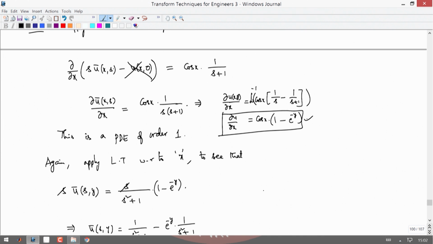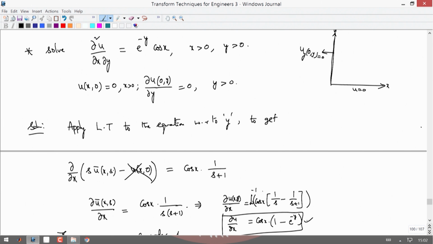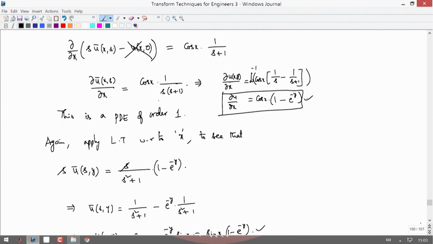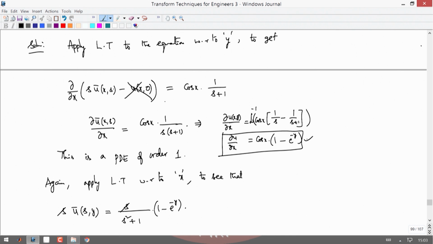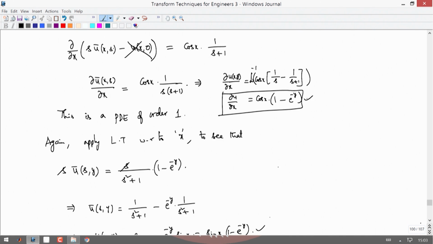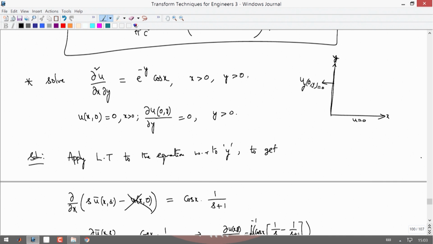Okay. So, you can just apply, depends what you, so we have not used this one, right. So far we have not used this boundary condition. Where did we use it? We have not used this one, ∂u/∂x. We got this solution that satisfies this equation, but we used only this one.